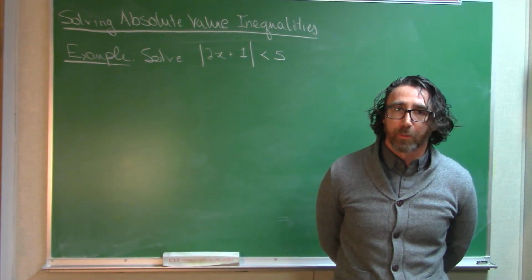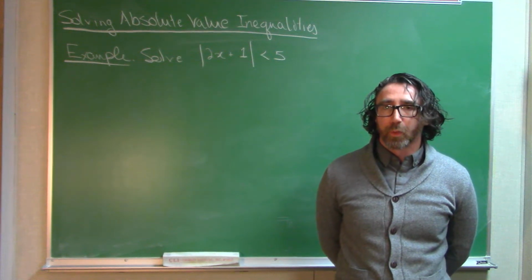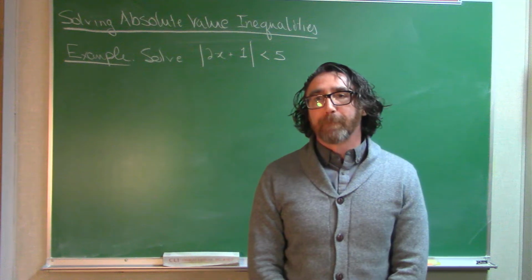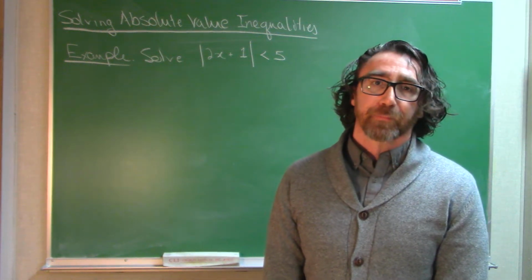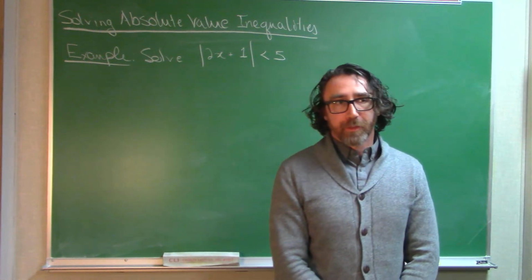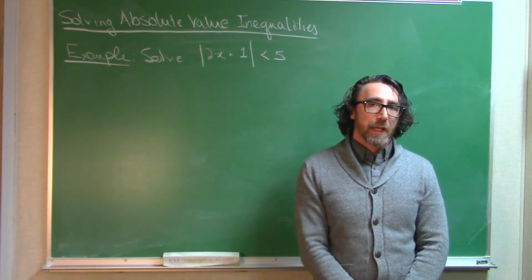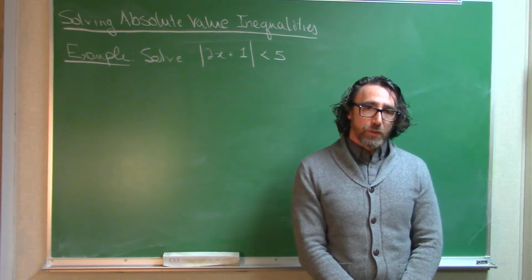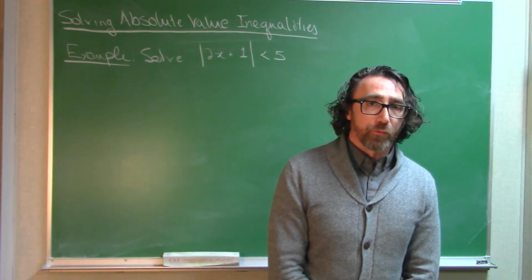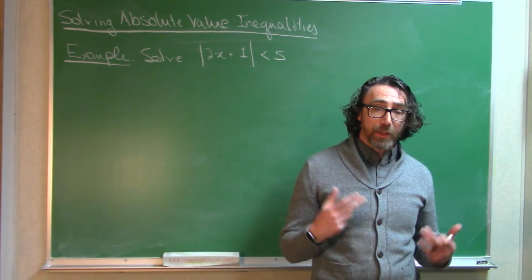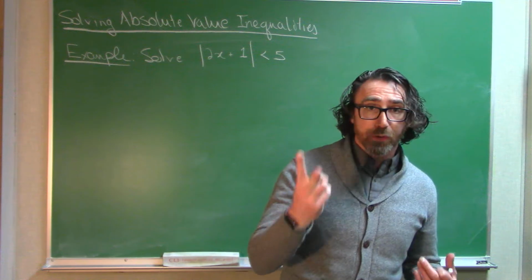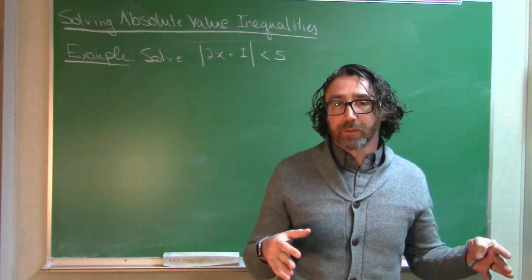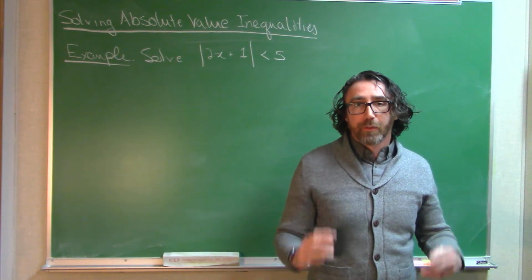In this video, I wanted to show an example of solving an absolute value inequality. In the previous video that we posted for this course, we discussed solving absolute value equations. Now, for the solution to an absolute value equation, we would expect two solutions. And we discussed the two cases that you would need to look at to find those two solutions.